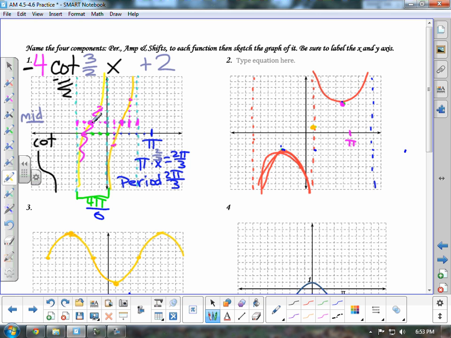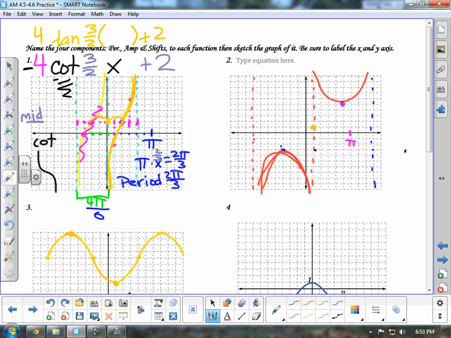Now, if you wanted to deal with this type of a drawing, that is tangent. And so the 4 would still be there, the 3/2 would still be there, the plus 2 would still be there. But now we have to move it, because tangent is supposed to start on the axis, but this one is shifted either to the right 2 places or left 2 places.